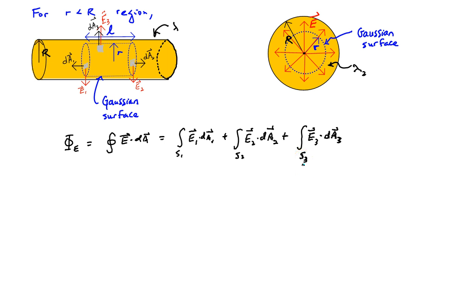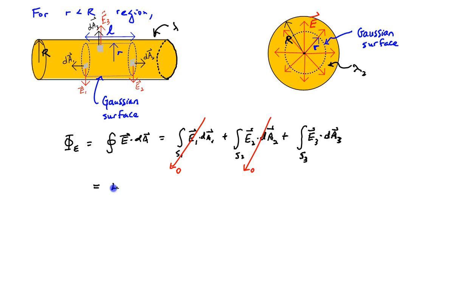But, as it was in the last problem, S1 will be 0 and S2 will be 0 because the area vector is perpendicular to the electric field. So the two ends will have no flux, and really we only have the flux along the cylindrical wall.